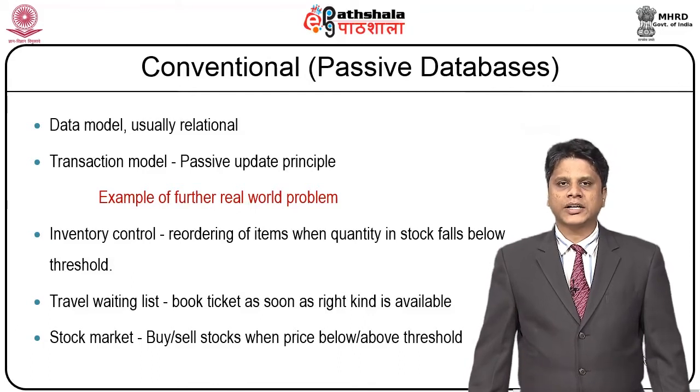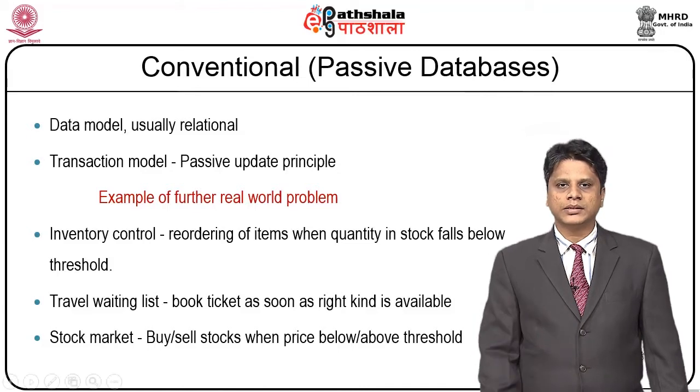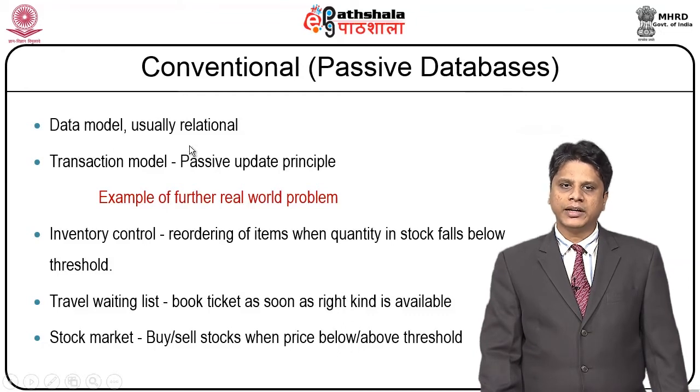If you assume these conventional databases as passive databases depending on the rule types, these passive databases typically have a data model and usually follow a relational type of database. Not only that, these databases have a transaction model which is passive in nature, the passive update principle.